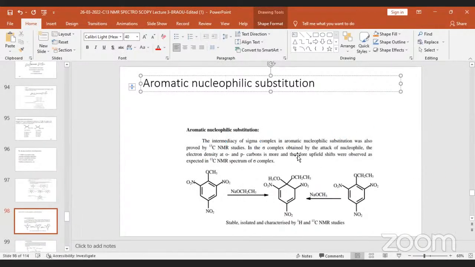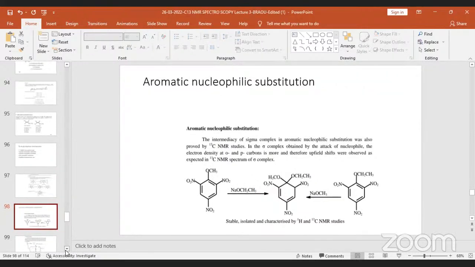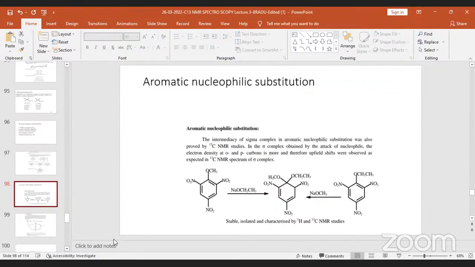On the other 5 carbons, negative charge will be there because it is a nucleophilic attack. The nucleophile attacks the benzene ring, therefore the electron density on the benzene ring becomes more, and in the sigma complex, all other 5 carbons show an upfield shift.